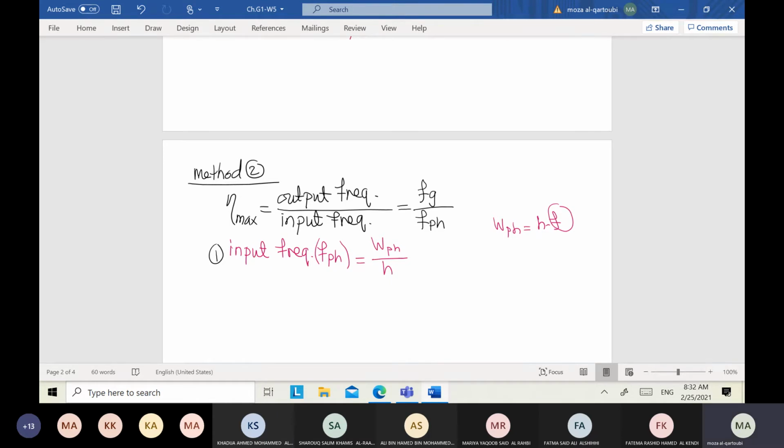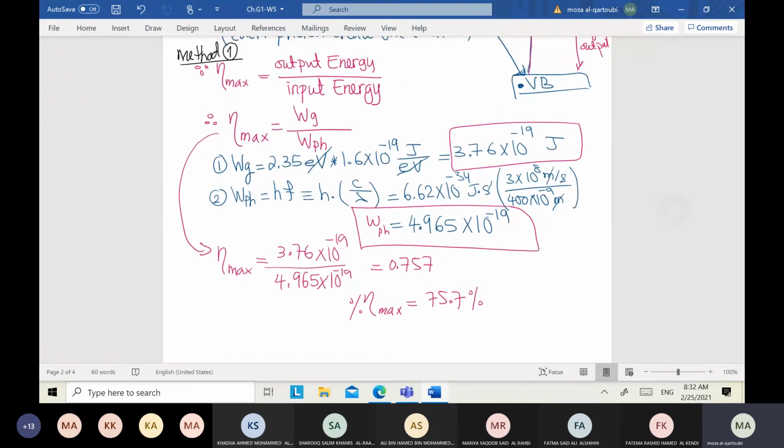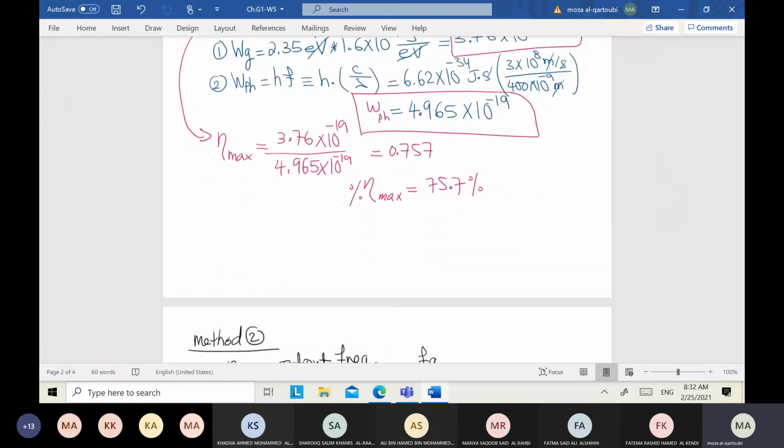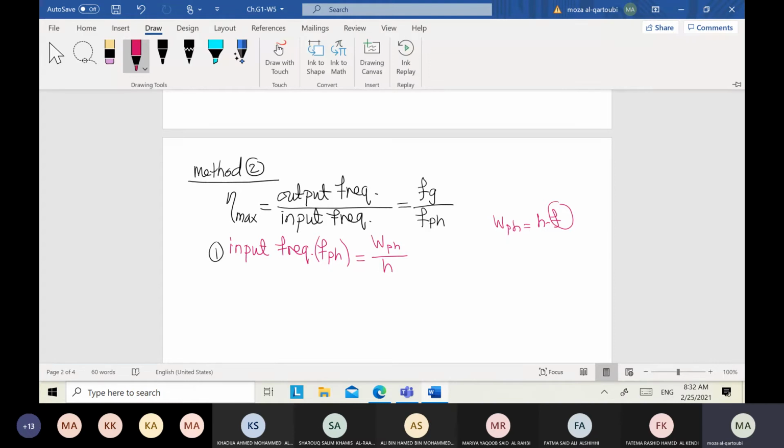Or we can find it directly. Why use this one? Because we didn't have the energy here. In this question, if we were starting from W, if W was given, we would apply this rule for the gap, but for the photon, energy is not given.